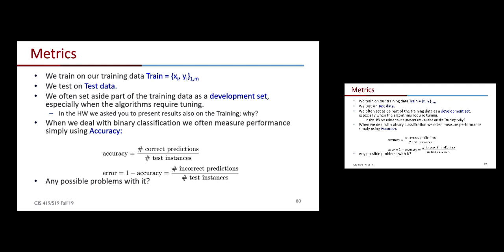That's one aspect. Another aspect, yes? If you're doing too well on training data, you could be overfitting. Exactly. So you want to know these extremes. What's the relation between how well you do in the training and how well you do in the test? If you do very well on the training and not so good on the test data or the development, then it means that you're overfitting, and you want to do something.